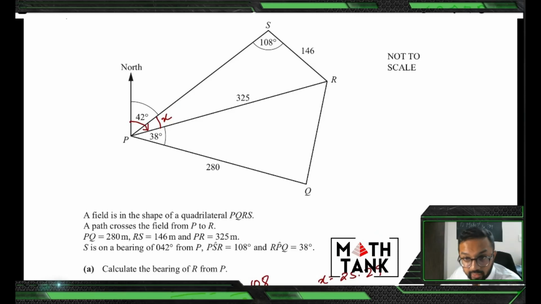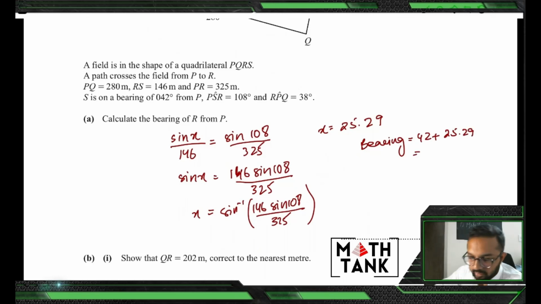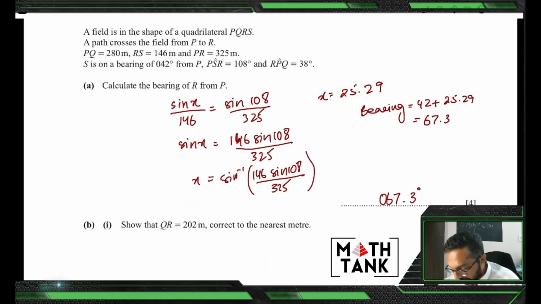Now, what was I looking for? I was looking for the bearing, so that's 42 plus 25.29, that's the bearing. That gives me 67.3. Bearings have to be written with a 0 at the start, so that's 067.3 degrees.